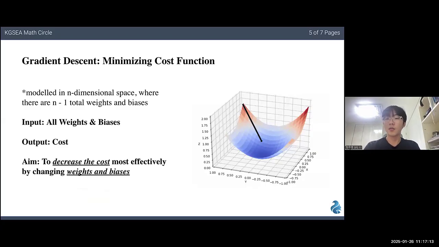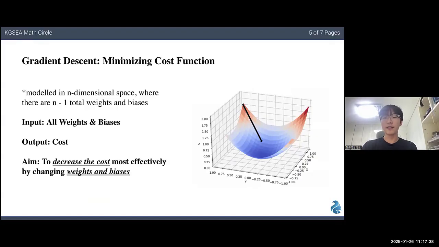Here is what a model of the relationship between two inputs, weights or biases, and one output can be. Therefore, to minimize the cost, we need to travel across this space in the direction of the arrow, following the negative gradient of the surface.